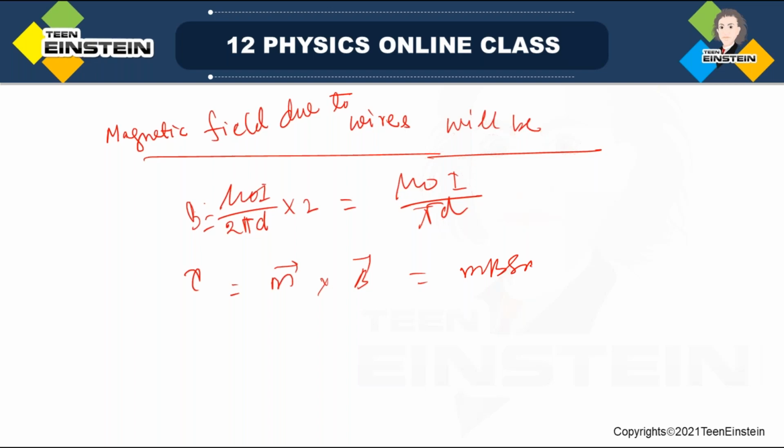The theta is actually 150. Okay, direction of the torque with the field.